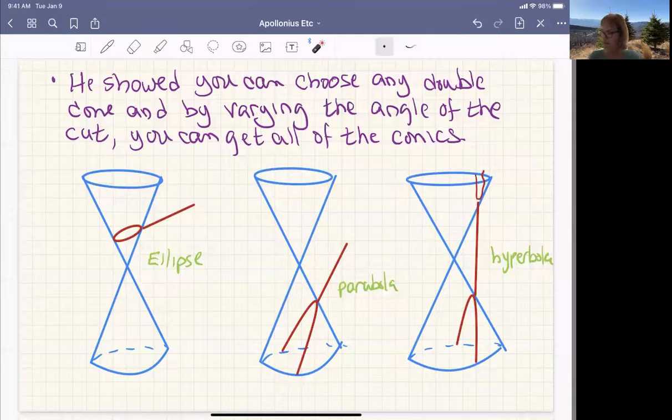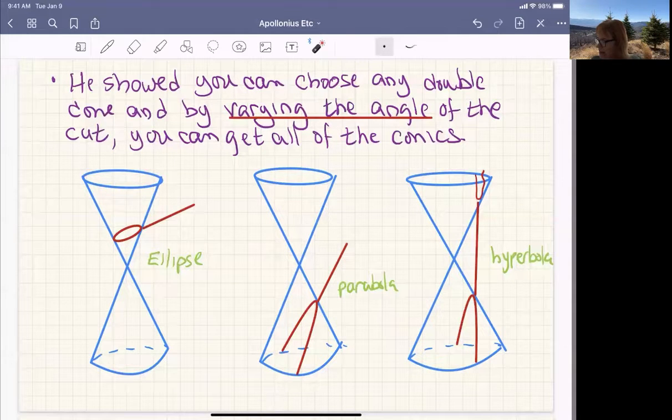And then instead of always making the cut perpendicular to the side of the cone, what you're going to do is you're going to vary the angle of the cut. So for example, here, if you make the cut at this angle, you're going to get an ellipse.